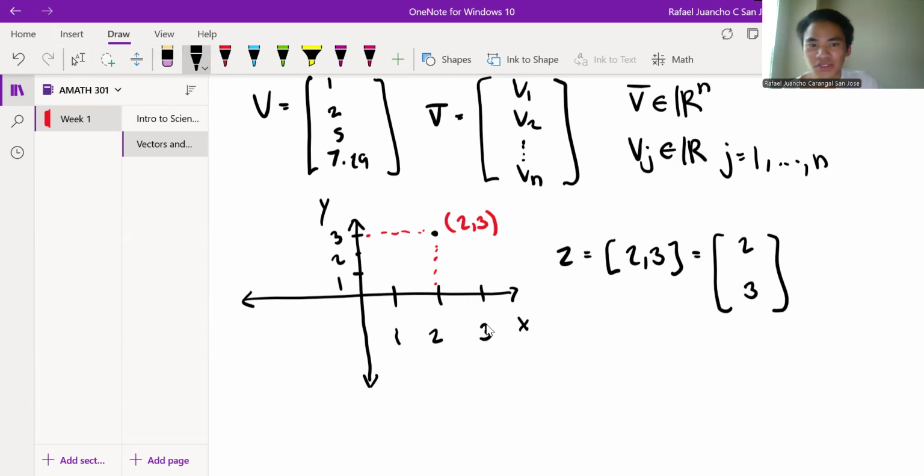Why? Because in computing, or at least what's taught to us, we usually think of vectors as these kinds. So these are what we call column vectors because it goes down. This is a row vector because it's a row. It's horizontal, goes horizontally.